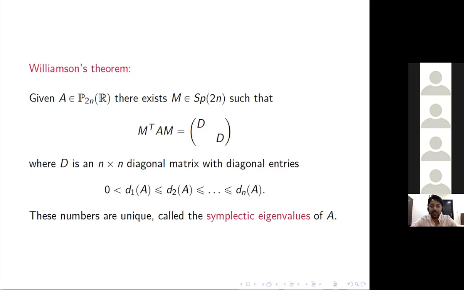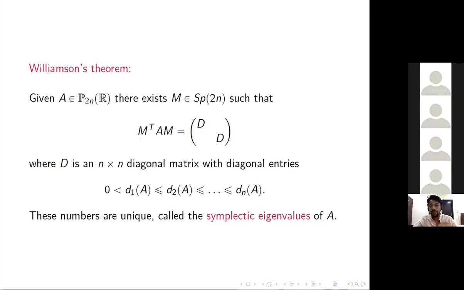Hemant, to answer your question, the goal is not to just diagonalize. Here the goal is to diagonalize by taking a matrix from a special class of matrices, because we already have the set of orthogonal matrices and the spectral theorem which does the job for us.